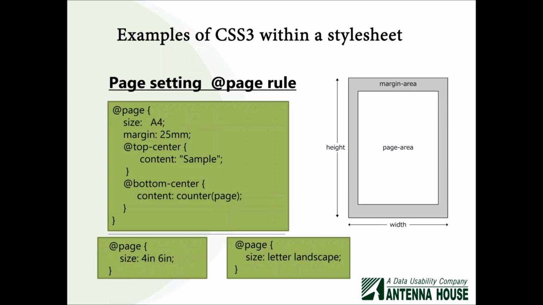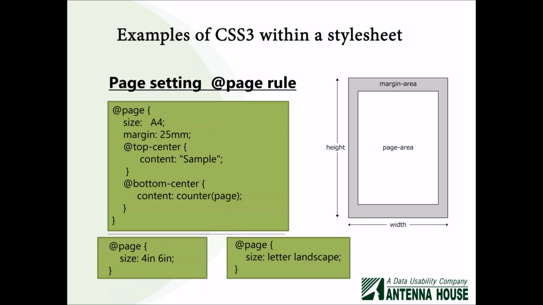When you're looking at CSS3, this is an example of defining what size the page is, the margins on the page, and so forth. If a browser encounters this in the data, it's going to ignore it.